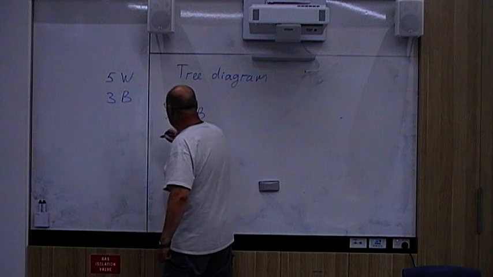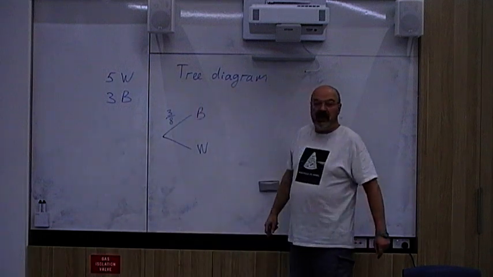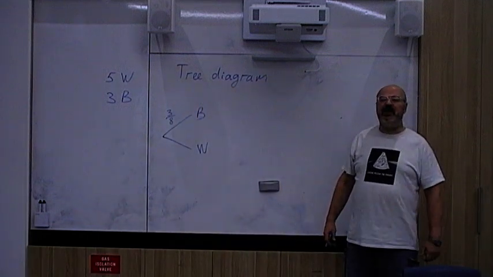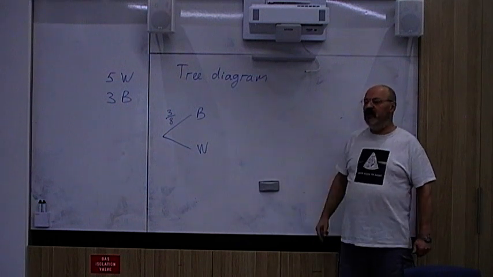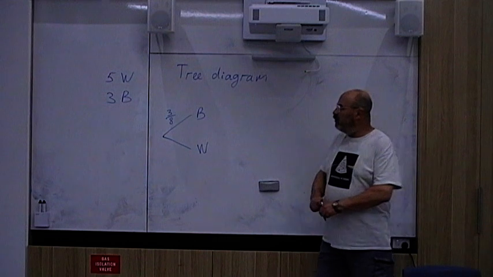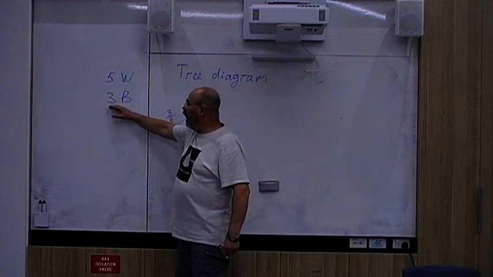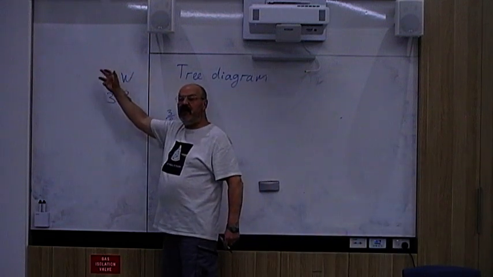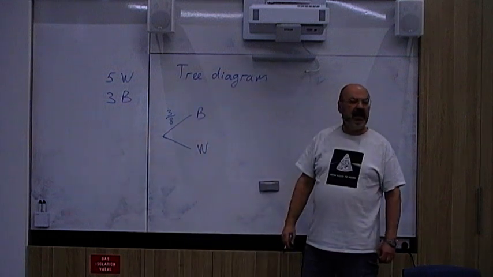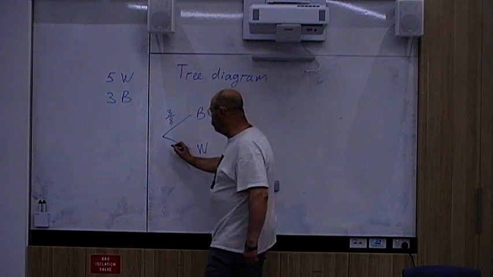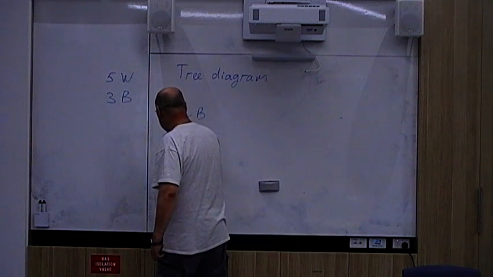And we need to write the probability here. Because they're not equal chances. We have an unequal amount of black and white. We have 3 black out of 8 marbles in total. So it's 3 over 8. What is the probability of getting white? 5 over 8.